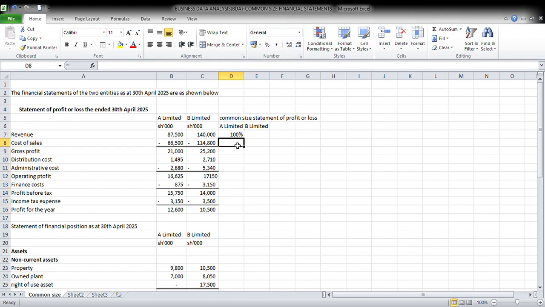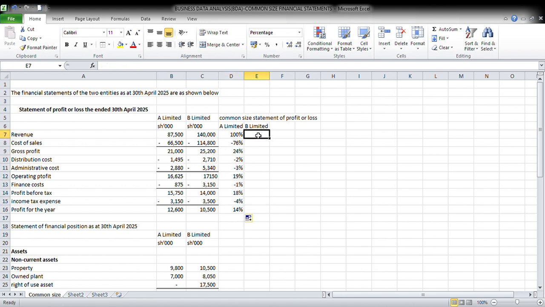Then for the cost of sales, still we express it as a percentage of sales or the revenue, and then we lock this. We can lock the base, which is the revenue, and then autofill on the other lines.